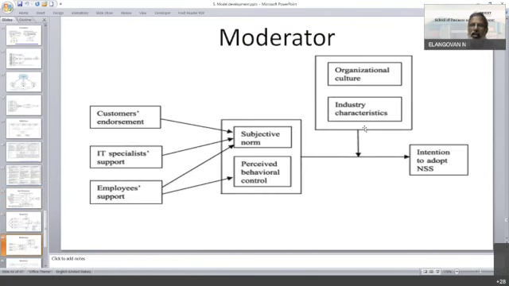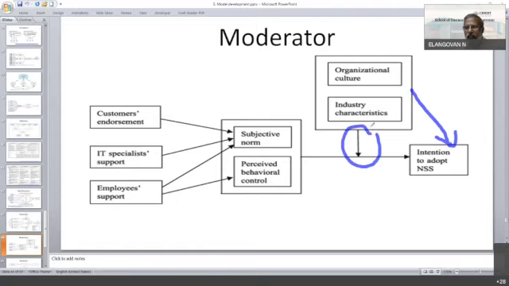This is how we indicate a moderator in a model. A moderator is an impact on the relationship, not on the variable. That is why we draw the arrow to the path. If I draw a line to the variable, it means that this variable is impacting this variable.